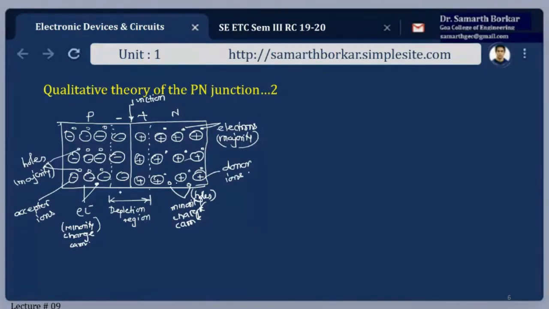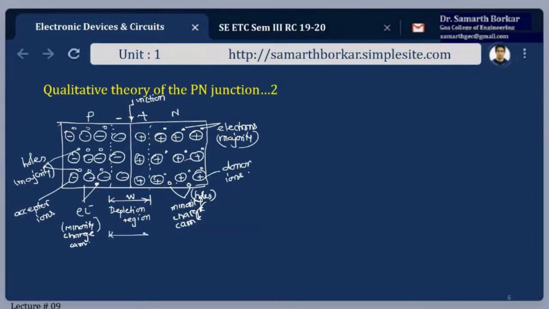Now, the question is why this depletion region width is fixed. Why does it not keep on increasing? The reason is this: repulsion of holes by this layer and repulsion of electrons by this particular layer.